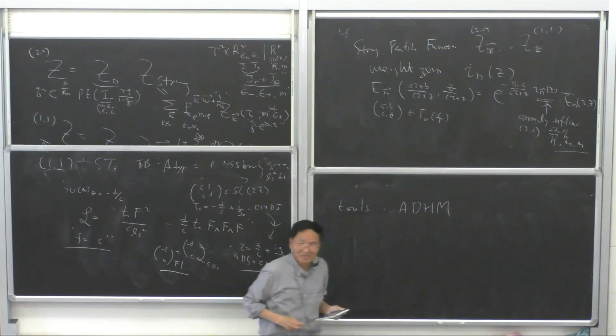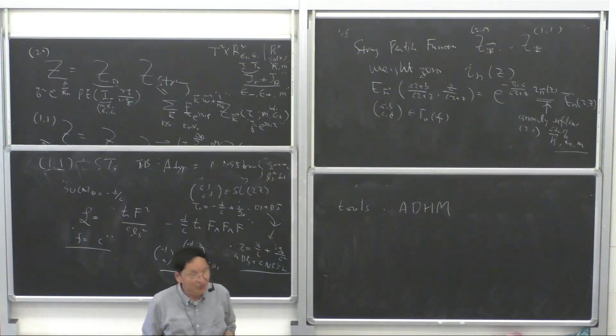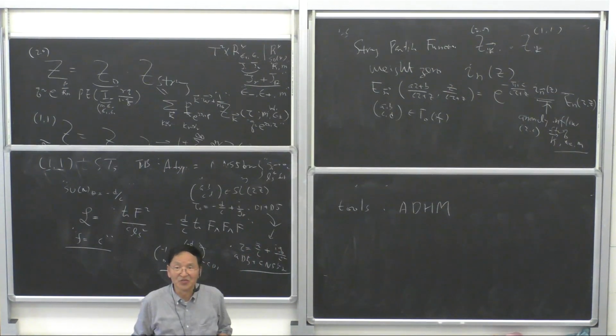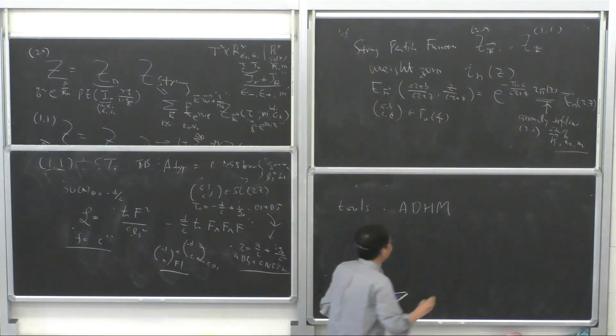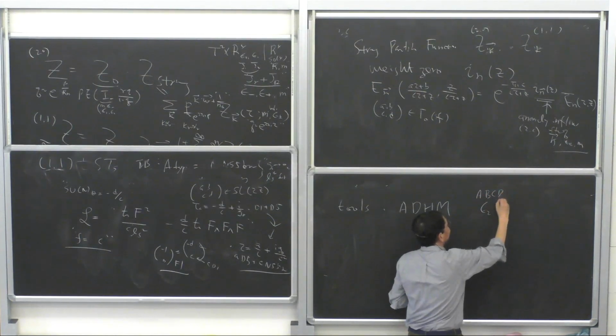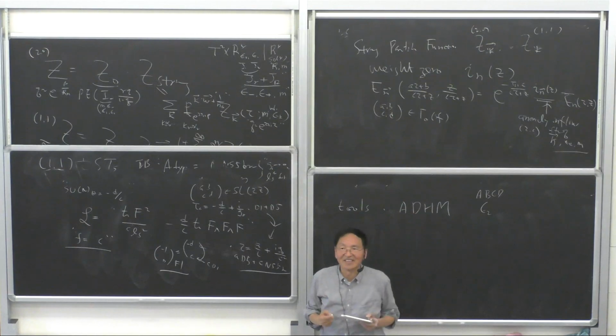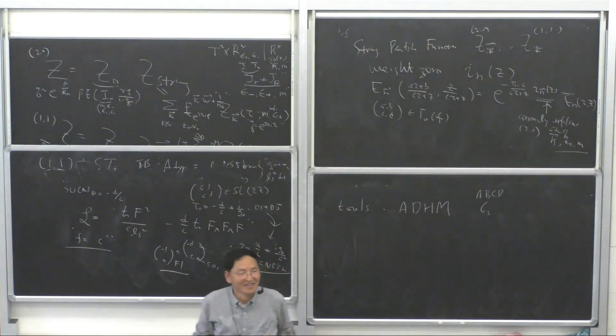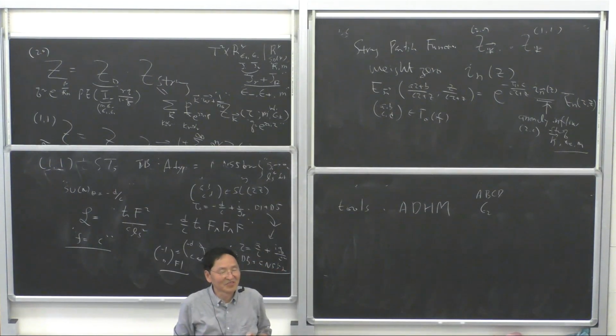So all the ADHM technology for classical groups works, and also G2, maybe you guys have heard of. ADHM for G2 was found about 5 to 10 years ago. So for G2, one can have ADHM technology using SU3, which is a part of G2.